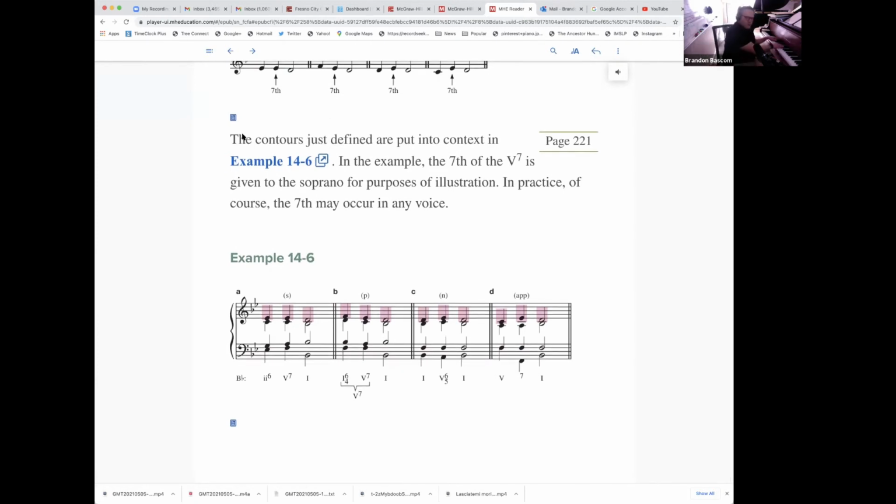B flat. So it's a suspension because it's the same note. B, passing tone figure.